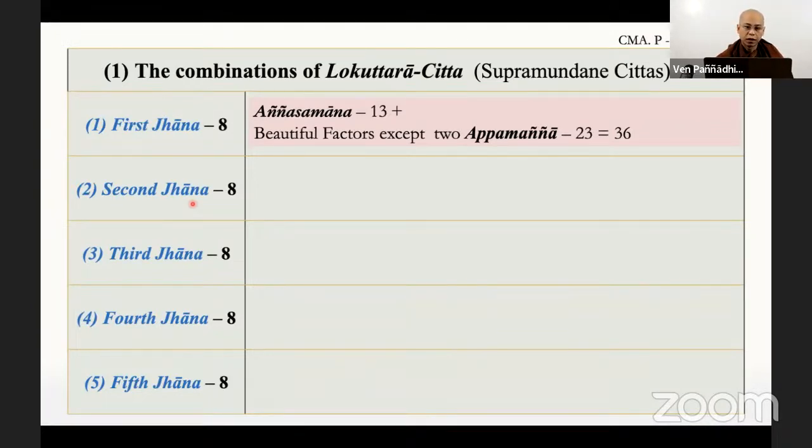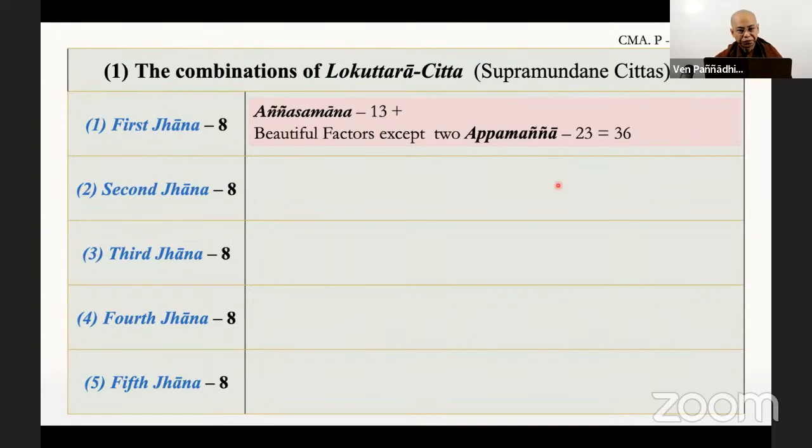If we say brief enumeration, we just say 36, the same as the first jhana, because the common one is the first jhana. In the large enumeration among the 40 Lokuttara Citta, there will be variation. That's why we need to count in 5 methods.